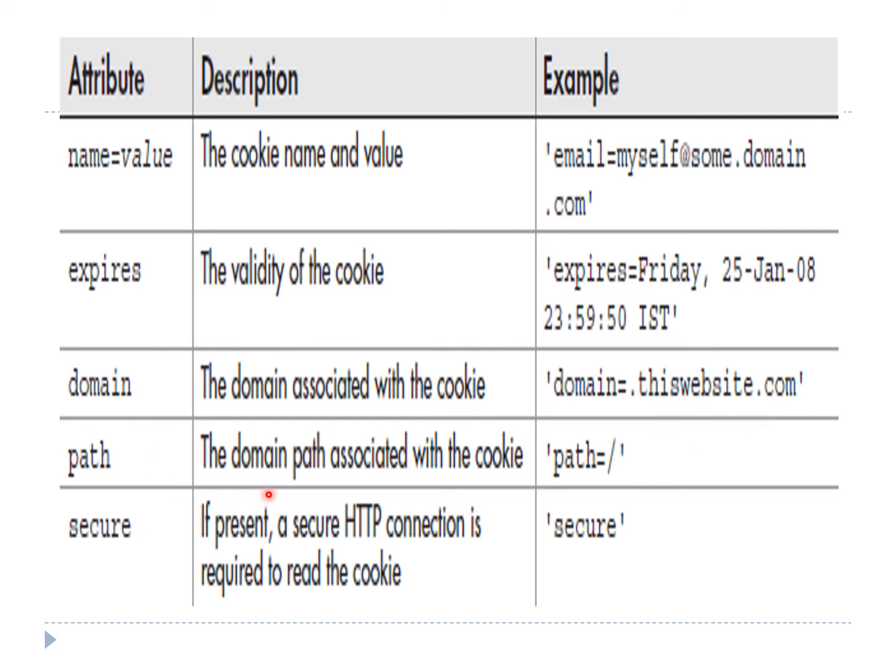Path: the domain path associated with the cookie. Suppose you are accessing a web page like visa.ac.in/home, likewise. That path is mentioned here. Then secure: if present, a secure HTTP connection is required to read the cookie. If you specify secure, then we can only access the corresponding cookie file through a secure connection like the HTTPS protocol.